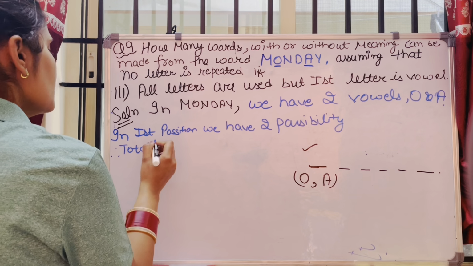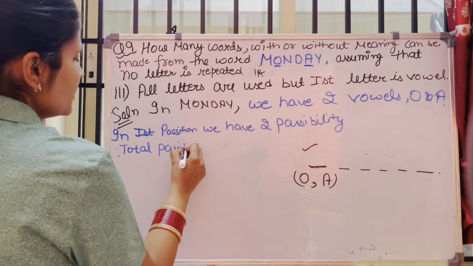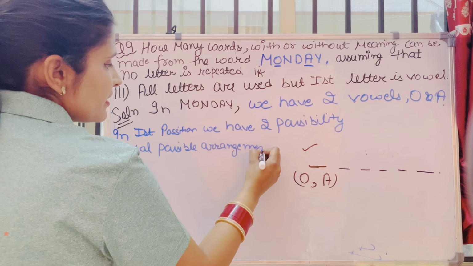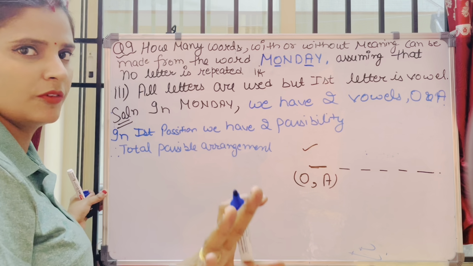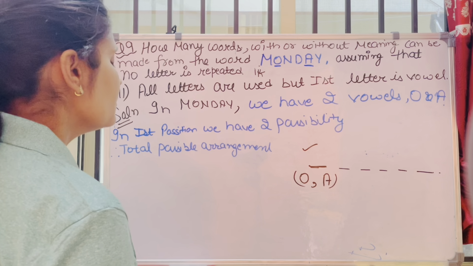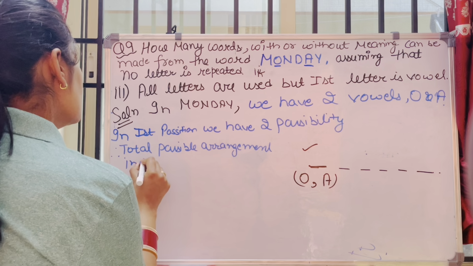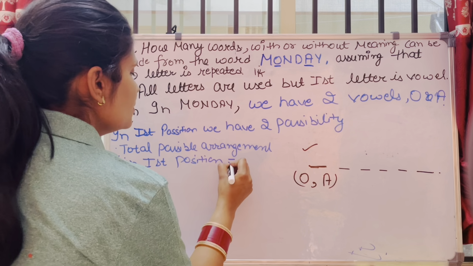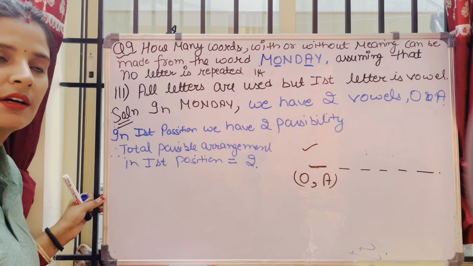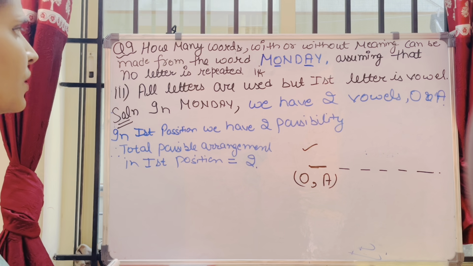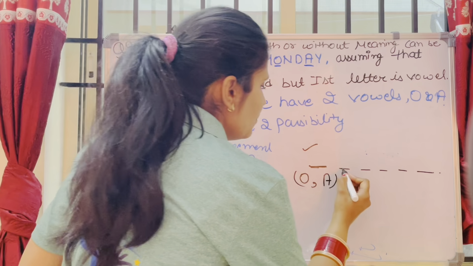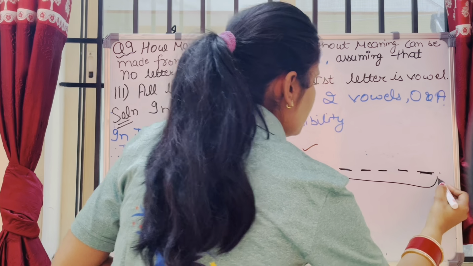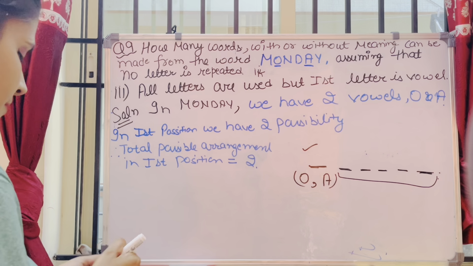Therefore, the total possible arrangement in the first position is equal to 2. Now how many letters are left? 5 letters are left.